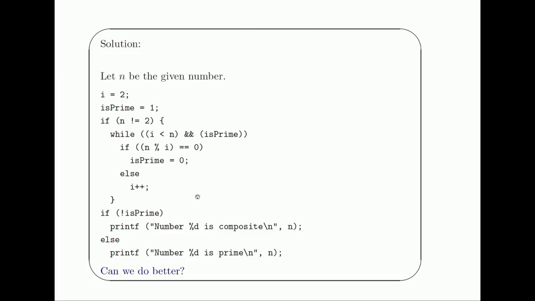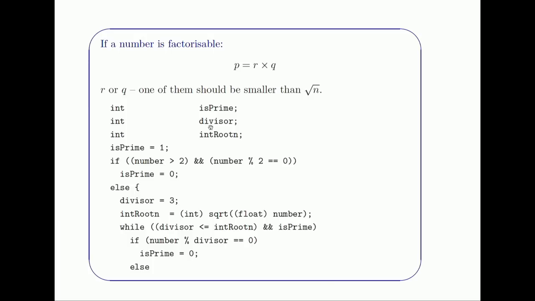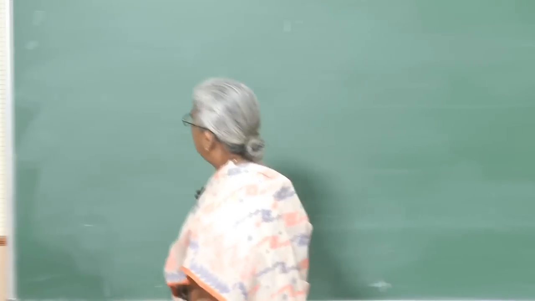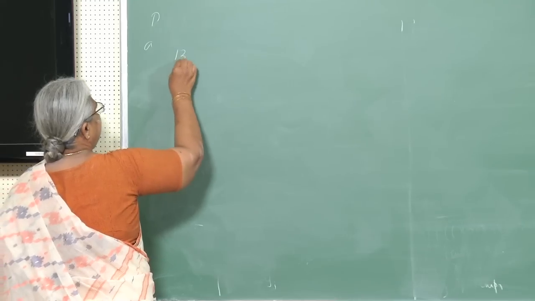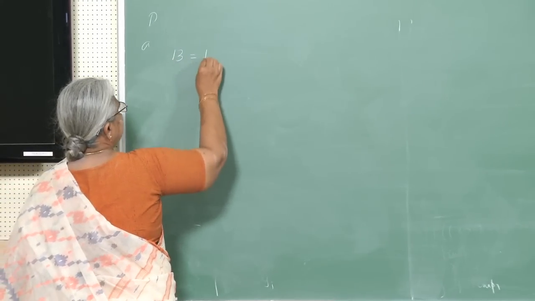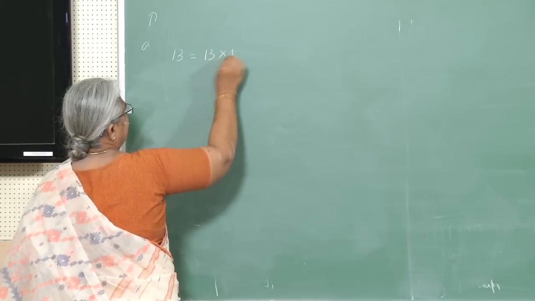Now, the question is, do we really need to run this prime classification program such that you check for every value of i? Can we do better than this? So, what do we mean when a number is prime? If I take for example 13, the factors of 13 are only 1 and 13 itself.